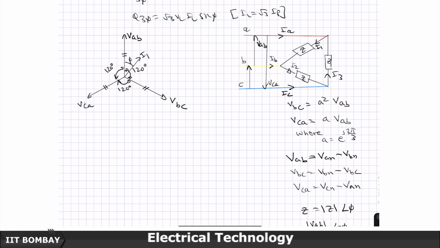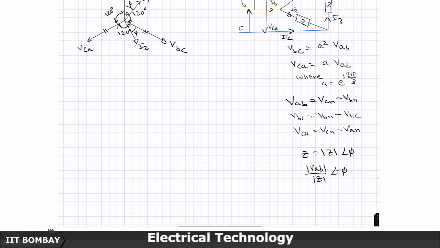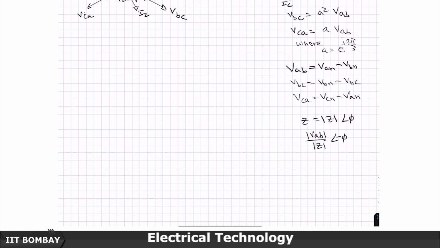Similarly, the I2 will lag VBC by an angle of phi, and the magnitude of I1 and I2 will be the same, because I2 is going to be VBC by Z, and this will lag the VBC phasor by an angle of phi.